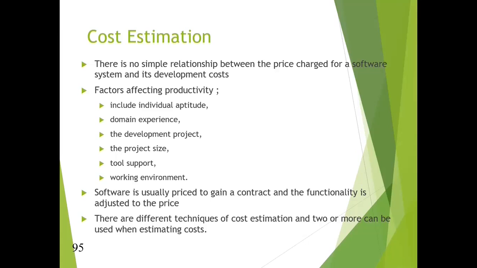They include individual aptitude, domain experience, development project size, tool support, and working environment. Those are factors affecting your system. And software is usually priced to gain a contract, and functionality is adjusted to price.